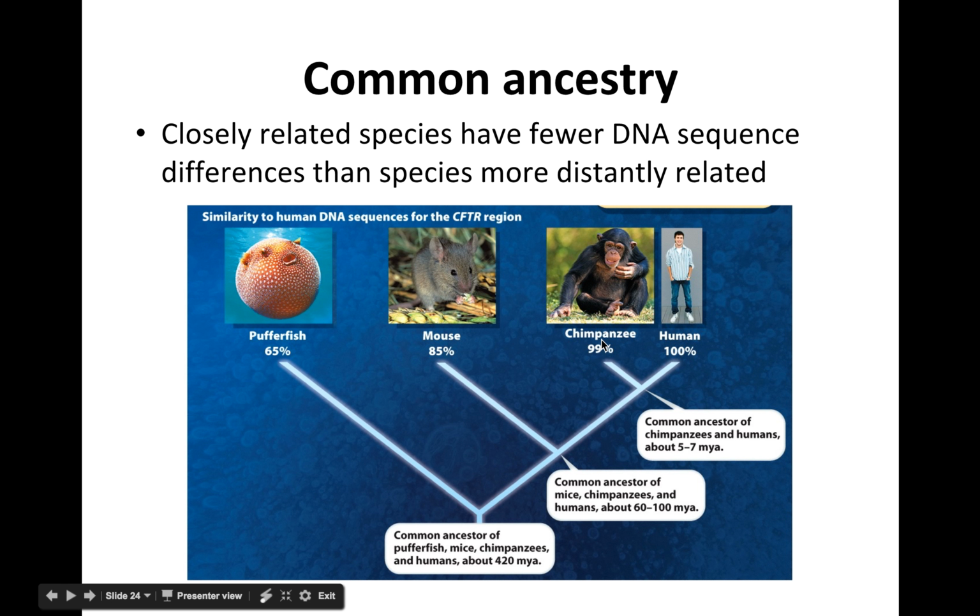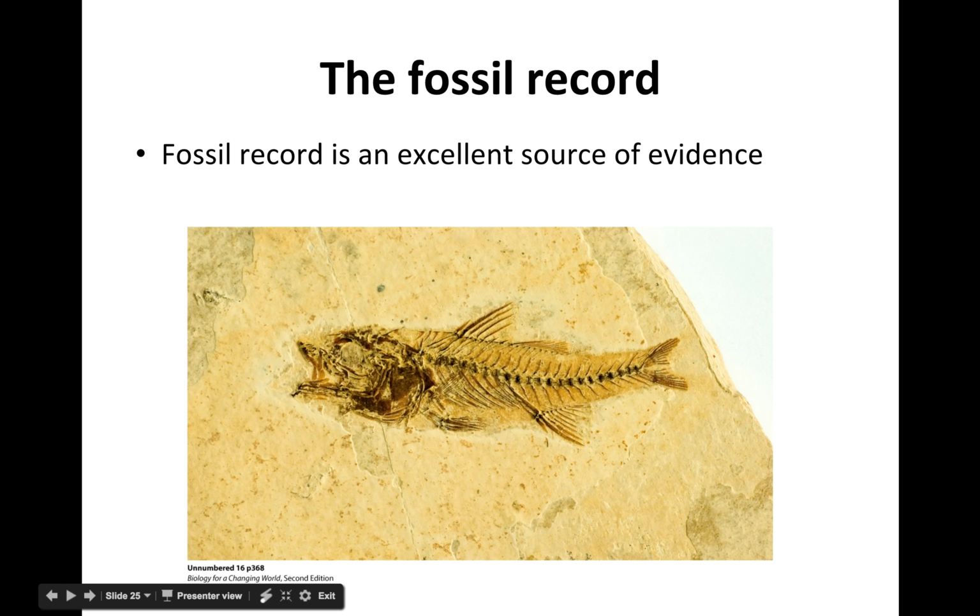Chimpanzees have 99% of our DNA sequence. So chimpanzees are the closest relative, mice are next, and then pufferfish are way down. So going back to the fossil record, it is an excellent source of evidence of evolution, seeing how these species have evolved over time.